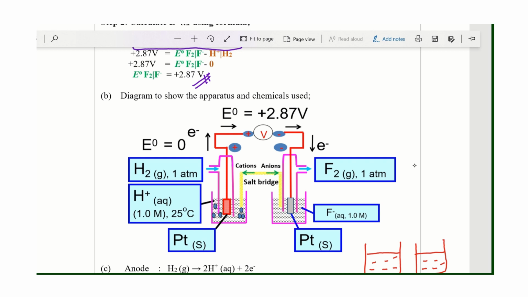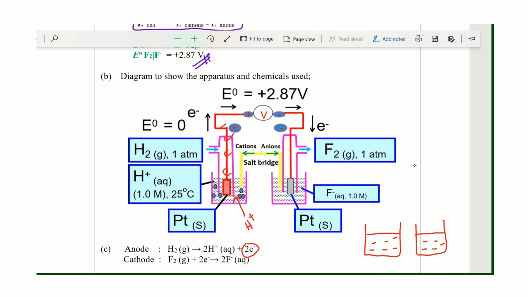After that, fluorine gas flows out from the tube, at 1 atm. Next, we have to draw the salt bridge in between the 2 beakers, and we have to know the function of the salt bridge. The function of the salt bridge is to maintain neutrality.